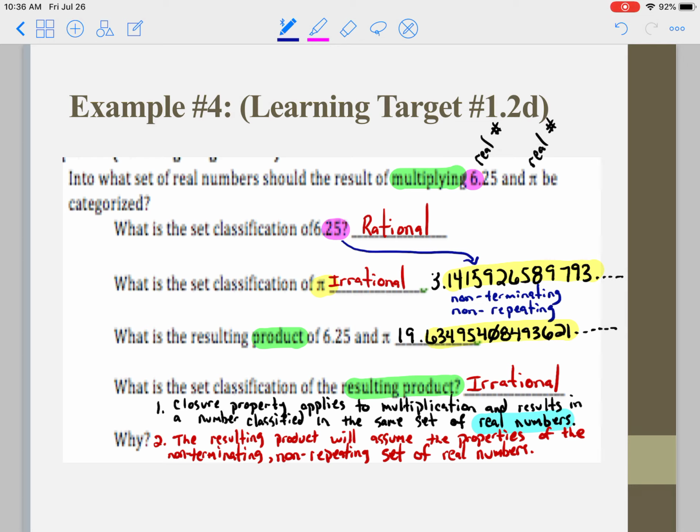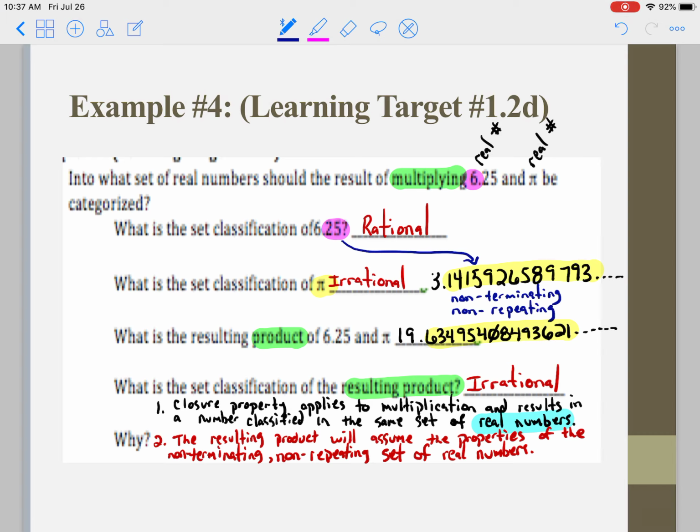to be truncated or changed to become either terminating or repeating. And so the properties of the non-terminating, non-repeating portion of the decimal of an irrational number carry over and carry through to the resulting product, which results in an irrational number.